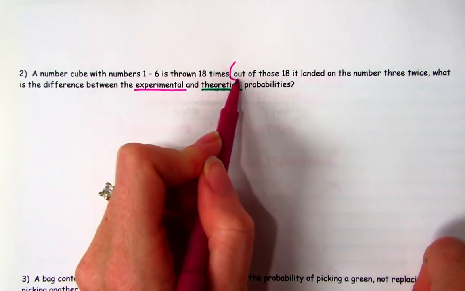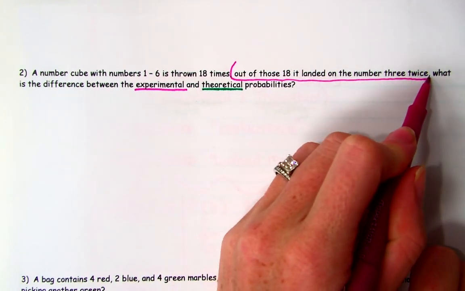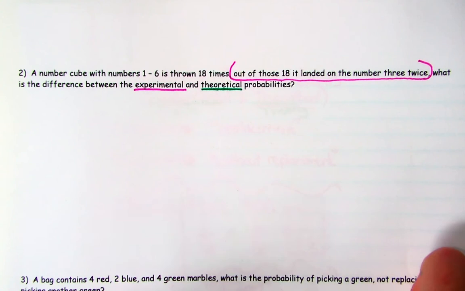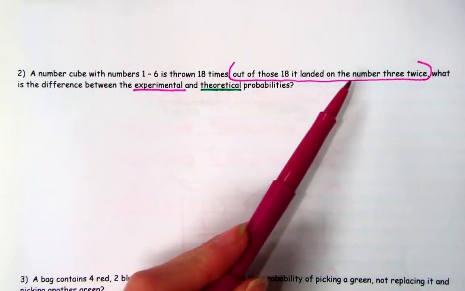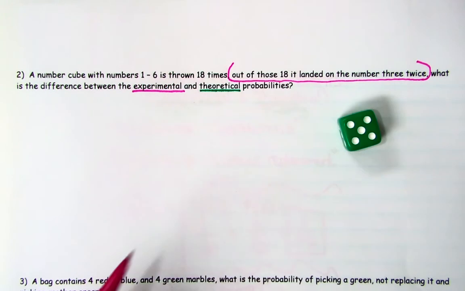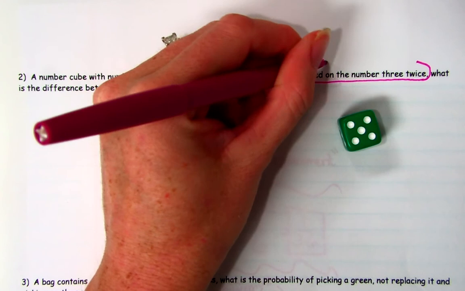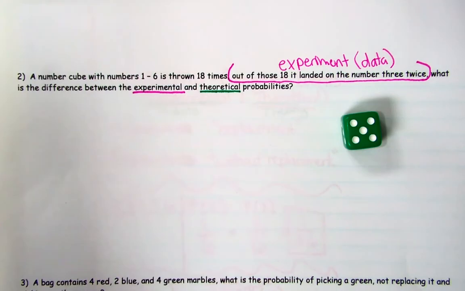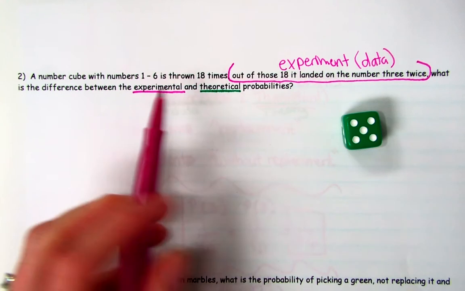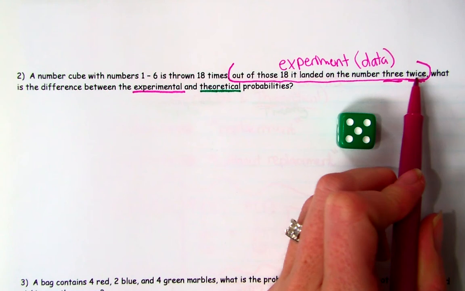Okay? This right here is your experimental data. Number 3 twice. It tells you, hey, by the way, you rolled this cube 18 times. It landed on the number 3, 2 of those 18. That is an experiment. That's your data. So for experimental, I know that it landed on the number 3 twice.